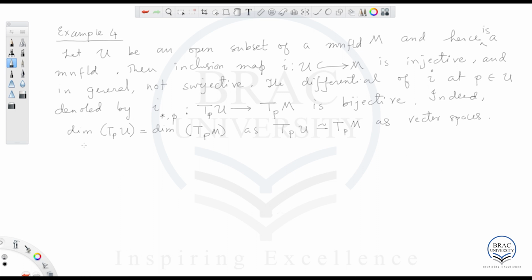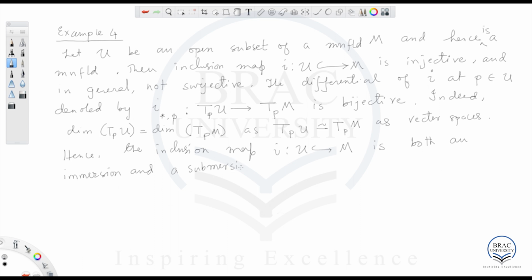So since this linear map is bijective, the inclusion map i from U into M is both an immersion and a submersion.